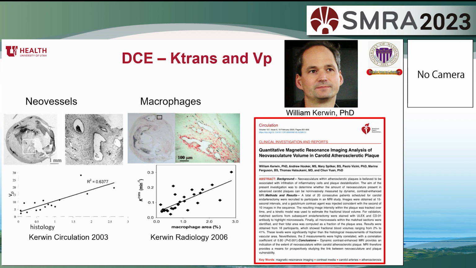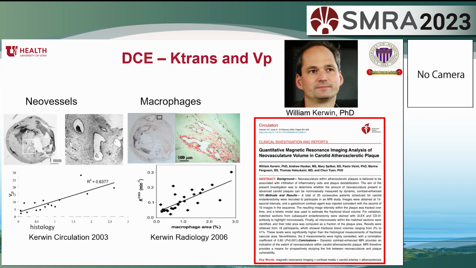What he was able to show is a strong correlation of Ktrans with macrophages, and also a strong correlation of Vp with the concentration of contrast agent at certain areas. So both of these are very good measures. One is on new vessels, and the other is on so-called plaque inflammation.